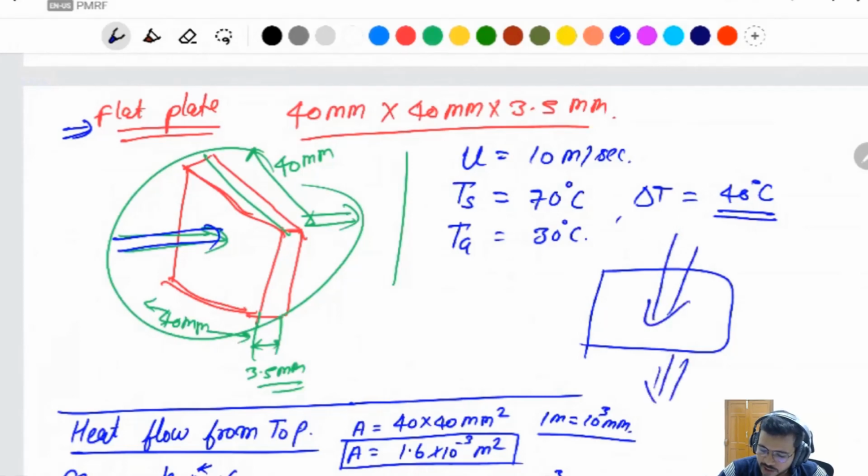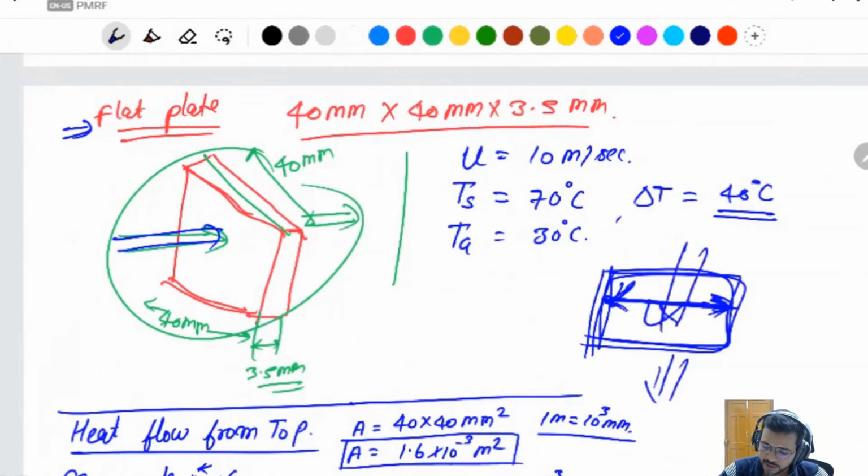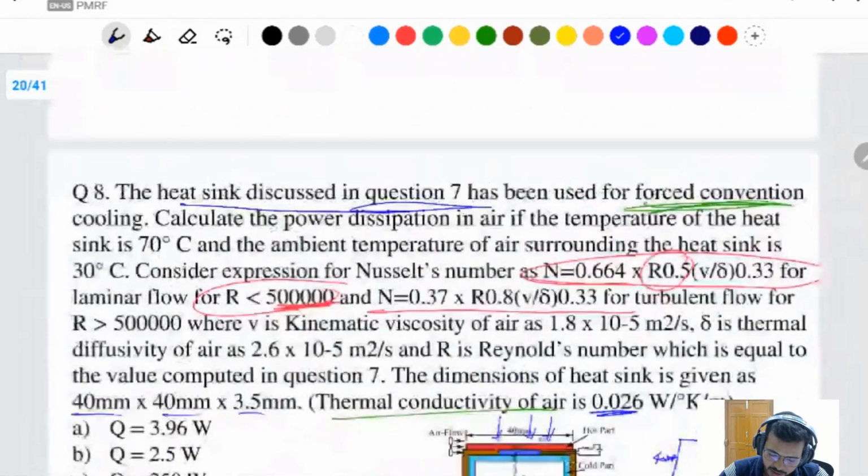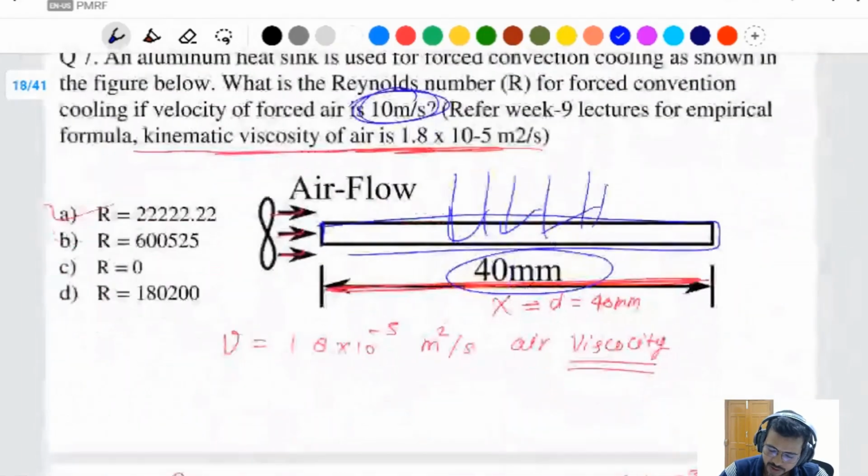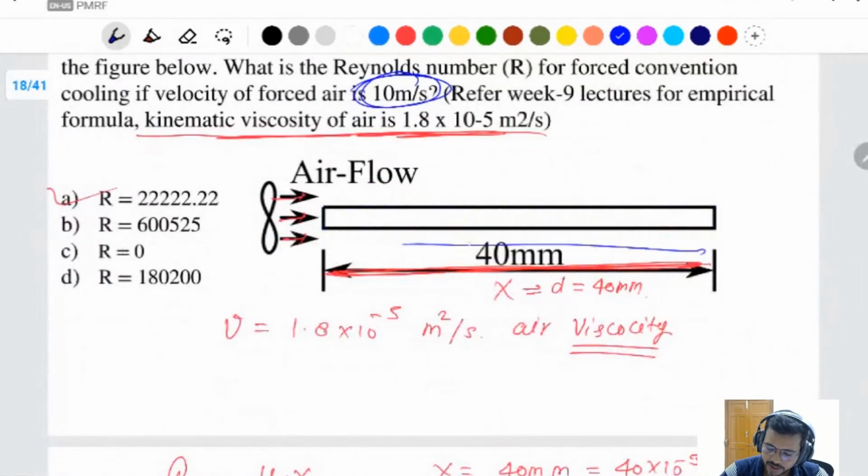That's why this surface's length is the dimension. The area is 40 into 40, but the dimension is only 40. Dimension is the length. You can see it here. Okay, the length is x. Okay, sir.